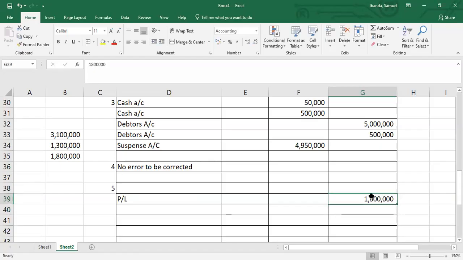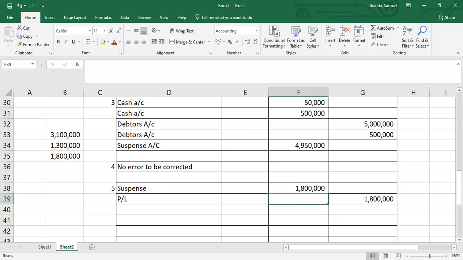Why I'm crediting it with 1.8 is I want to reduce the 3.1 that is on the debit side, so that they balance off each other. And then I'll debit my suspense with 1.8. Somebody will ask, why are we not crediting depreciation?